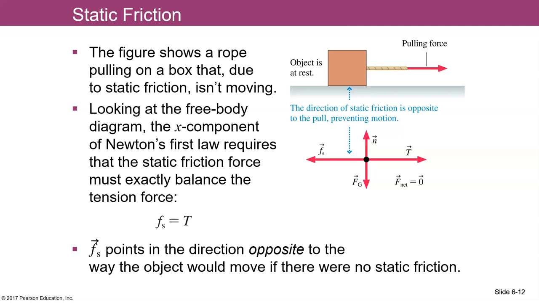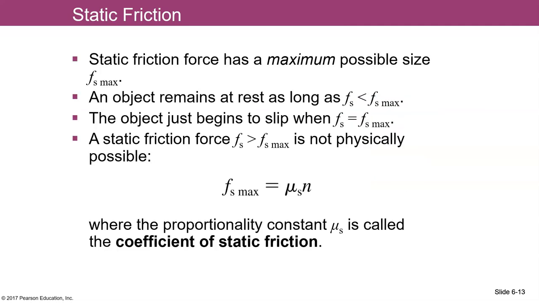And here the static friction is pointing opposite the way the object would move if there was no static friction. So static friction has a maximum possible size, and as long as you push or pull less than that size, the object remains at rest.